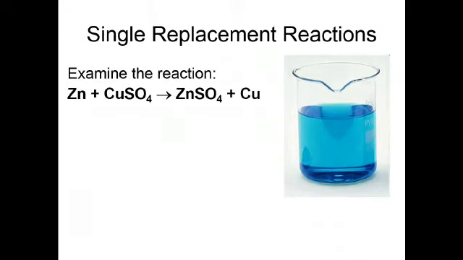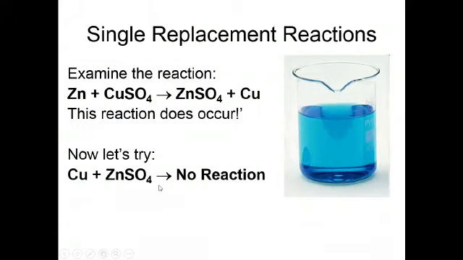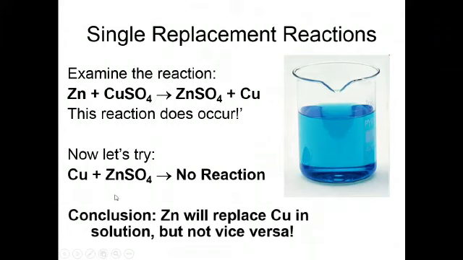Examine the reaction: zinc Zn plus CuSO4 gives ZnSO4 plus Cu. This reaction does occur. Now let's try Cu plus ZnSO4. There's no reaction. Conclusion: Zn, the zinc, will replace copper in solution, but not vice versa.